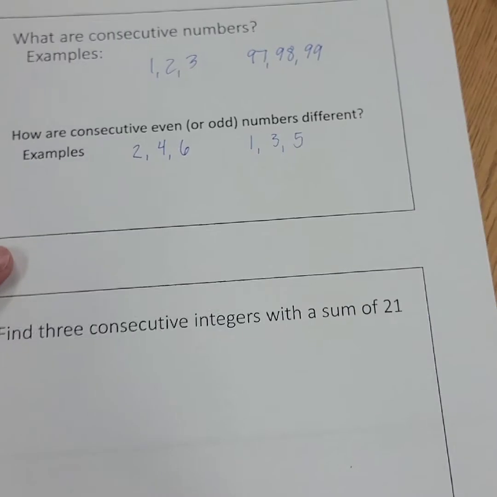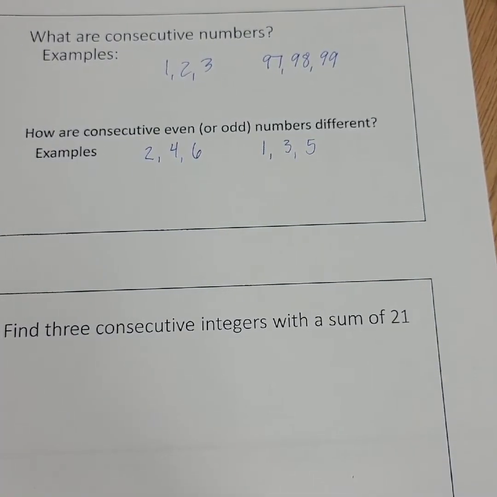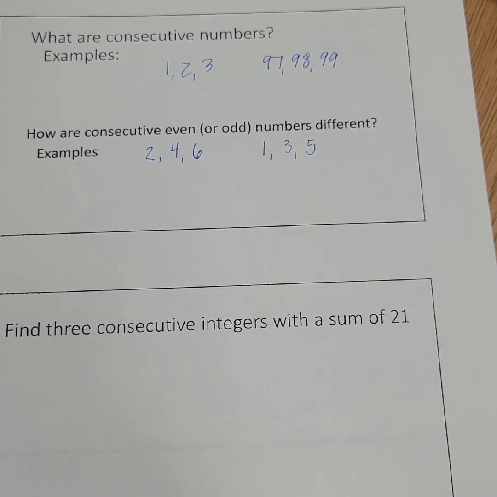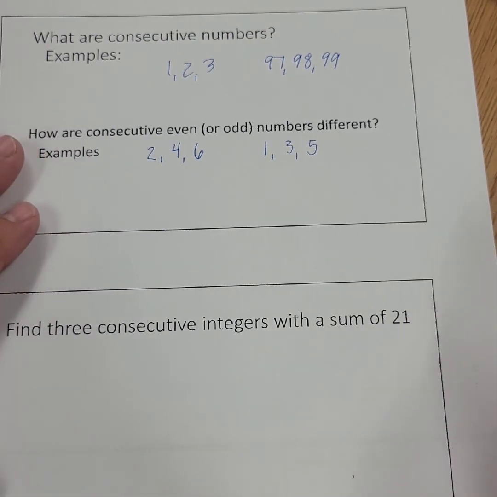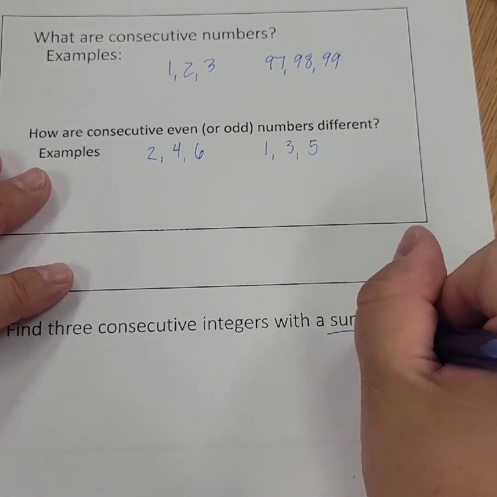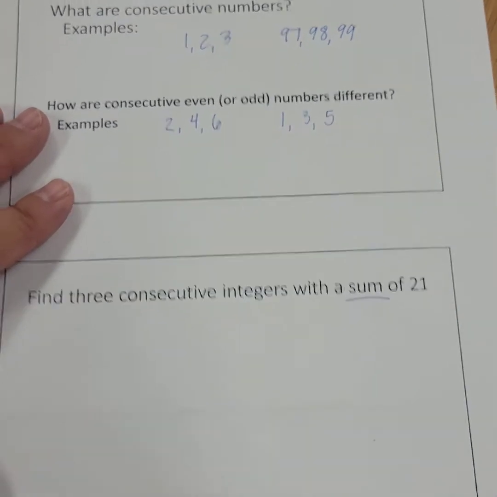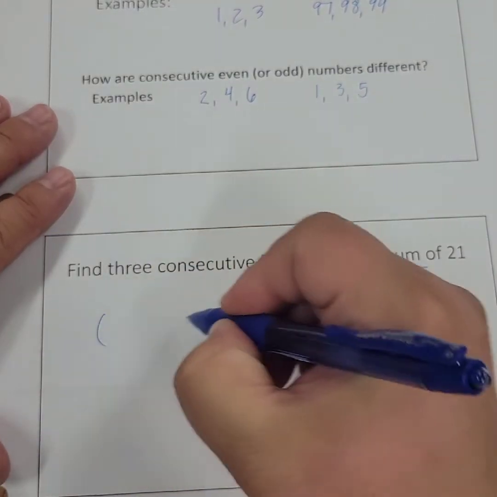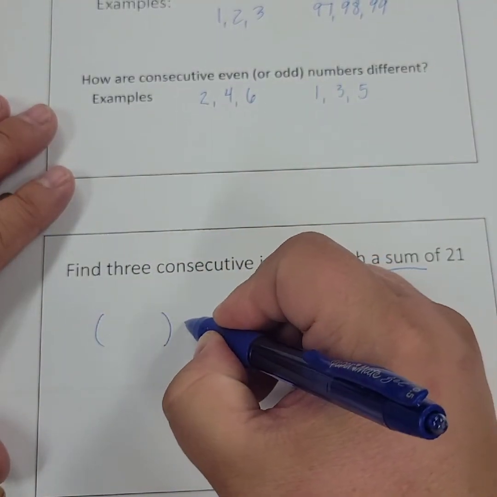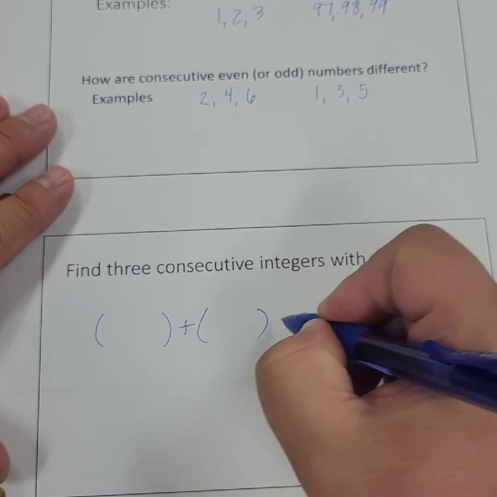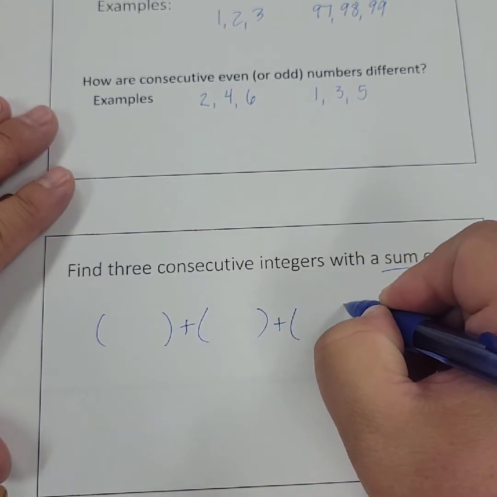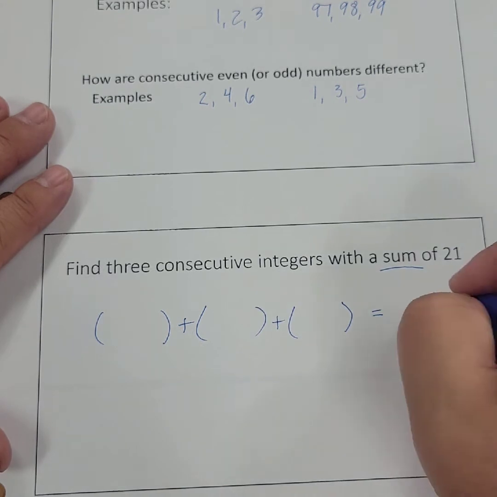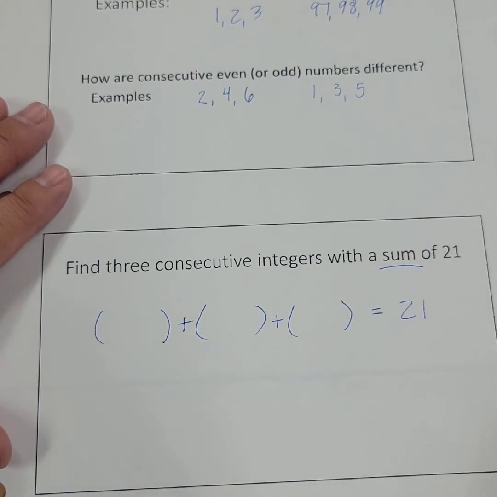Okay, so we have a problem that says find 3 consecutive integers or whole numbers with the sum of 21. So we've got sum. That means 3 numbers are being added together, but we don't know what they are, and they equal 21.